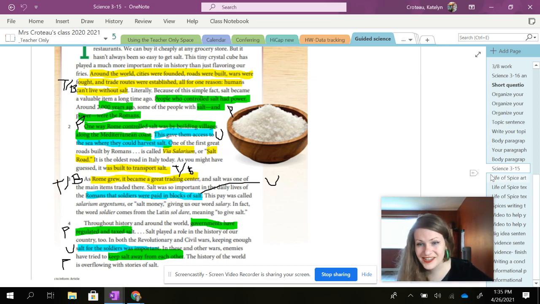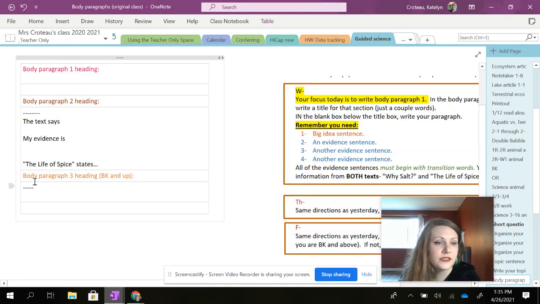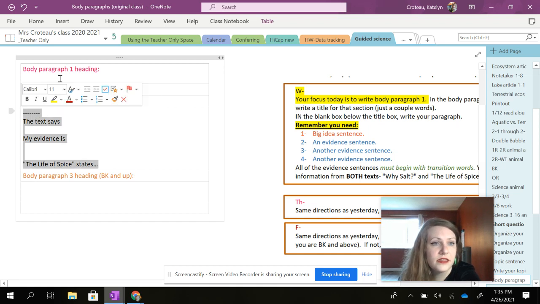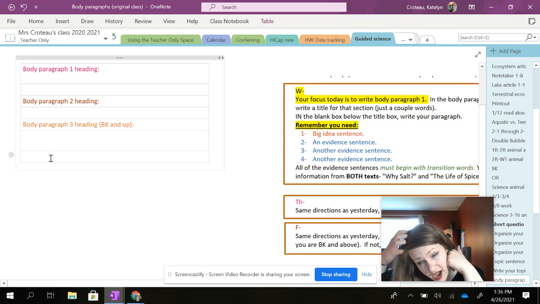And so I realized when I was planning this that the initial page I sent out to a lot of you looked like this. Let me pull it up. It had this general layout. But I realized that really I was focusing on the body paragraphs, and I don't have our topic in here, and I don't have our conclusion in here, which is fine.